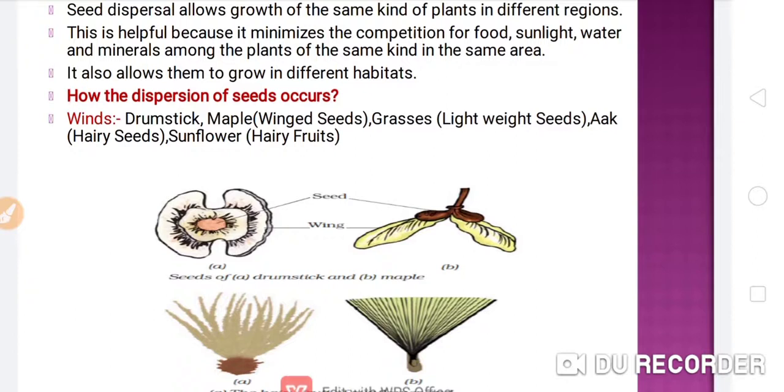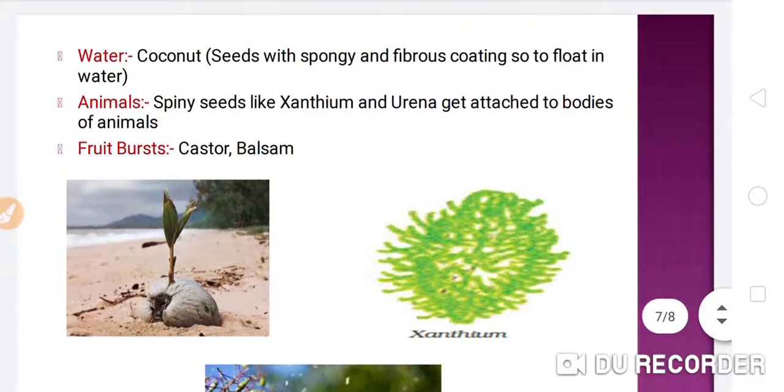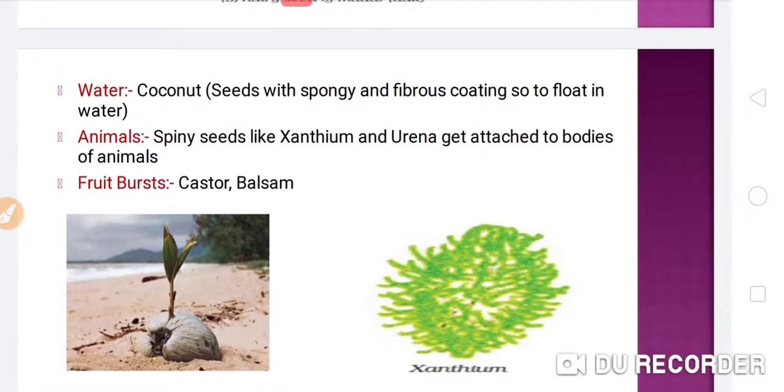So the wind is responsible for their dispersal.